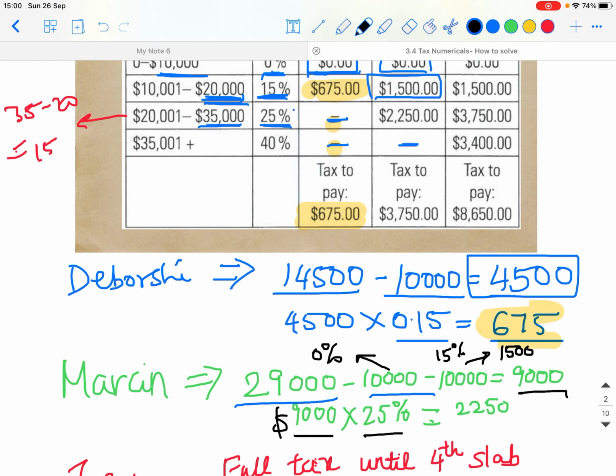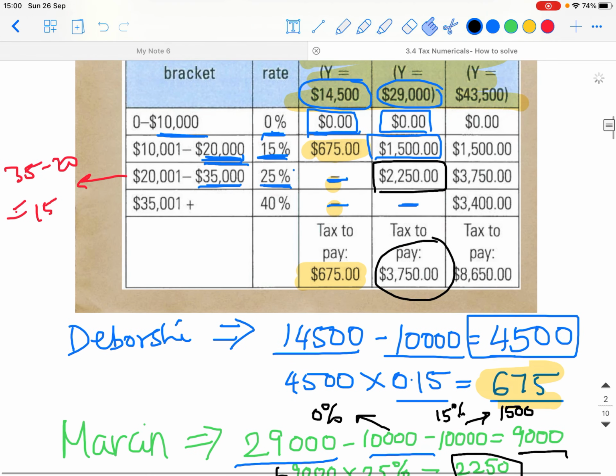So multiplied by 0.25, it will leave us with 2250. So that's 2250 over here in the table, and then we just total it all up, which is 3750. It's just a sum of all of these three, right?